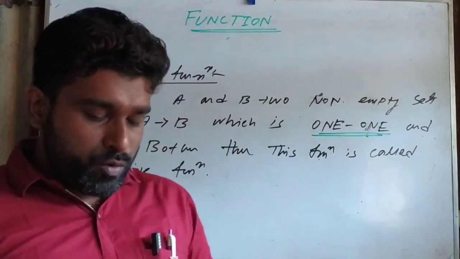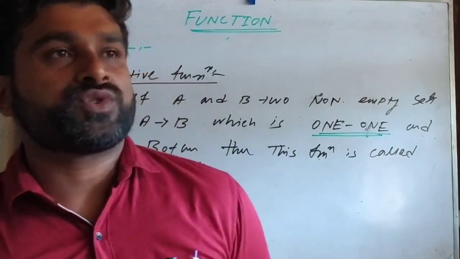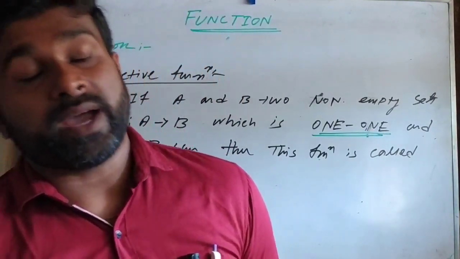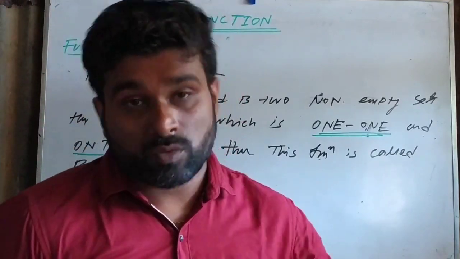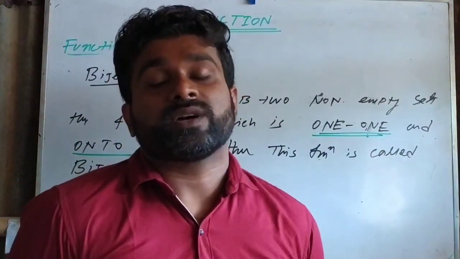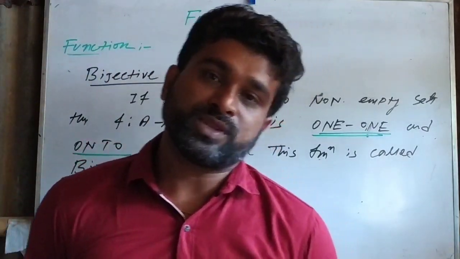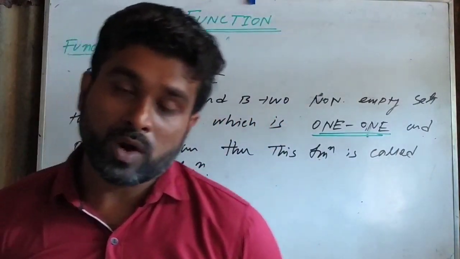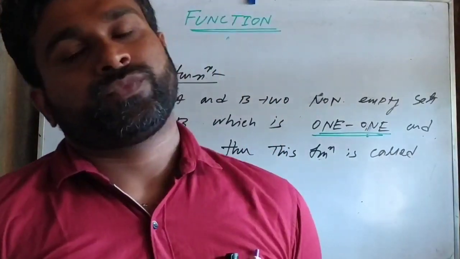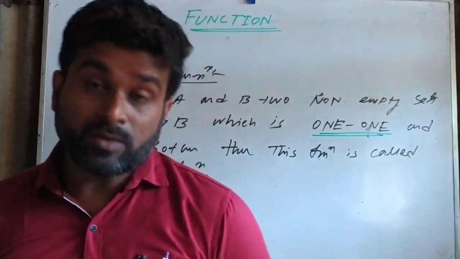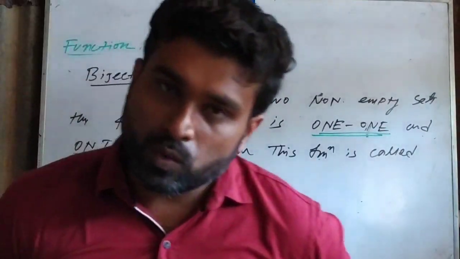That means if you are given a question in the exam, just prove that this given function is bijective, then you have to prove the 1-1 property and the onto property as well.